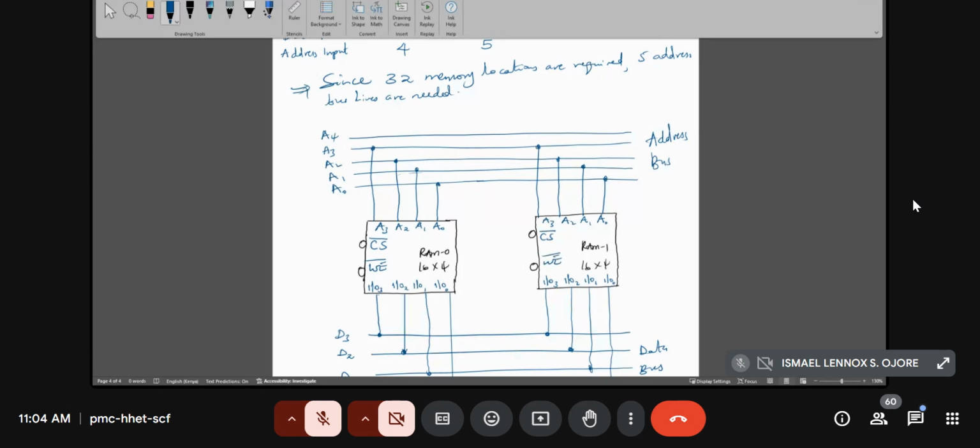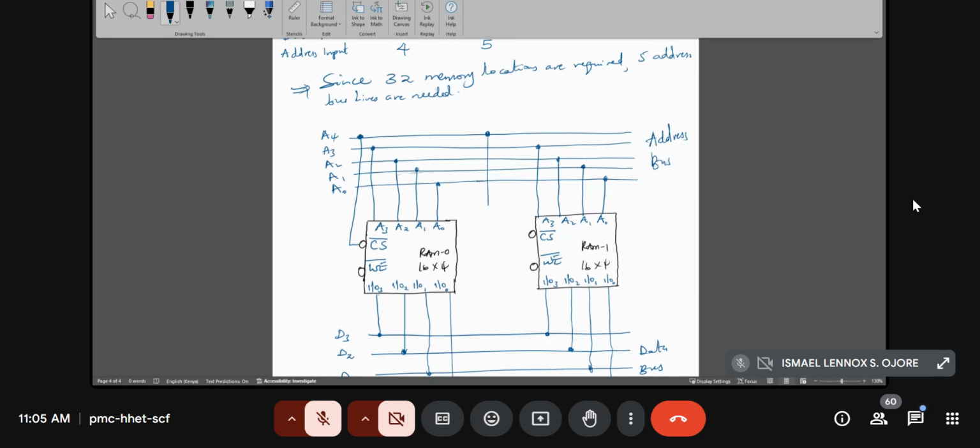We want to be able to chip select each of these chips independently using our A4 address line, so we can make this connection to our chip select.